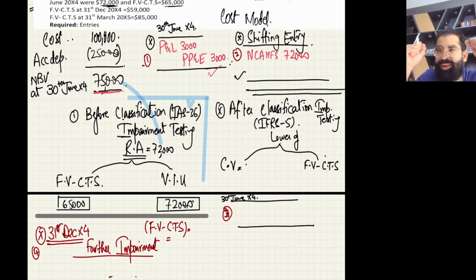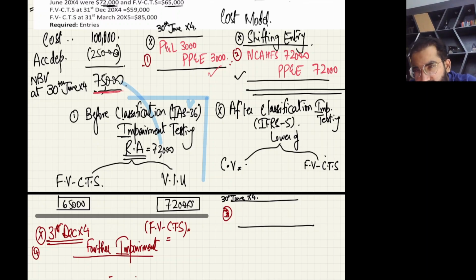Be confident, it's not difficult. Property, plant and equipment credit 72,000.